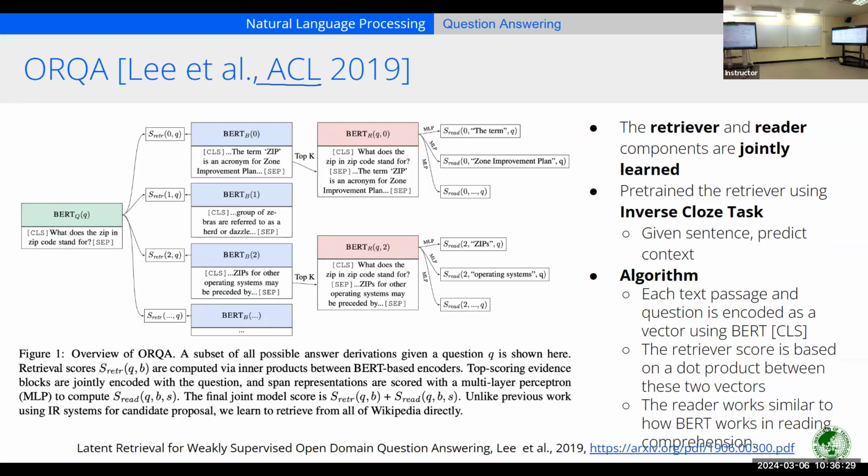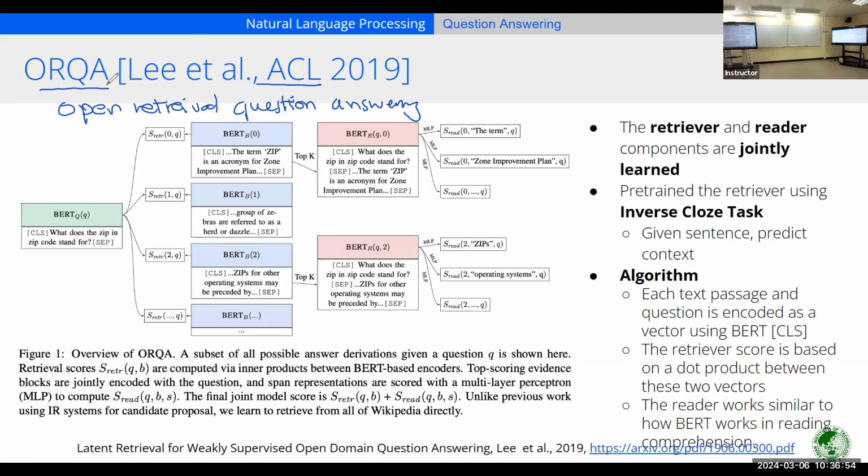He proposed something called open retrieval question answering, okay, so that is what ORQA stands for.